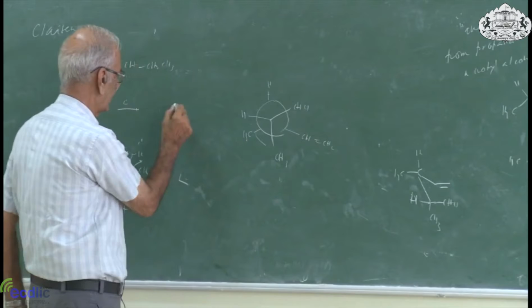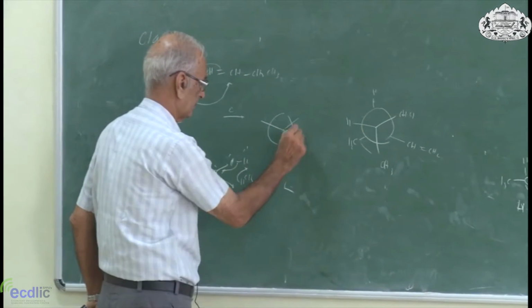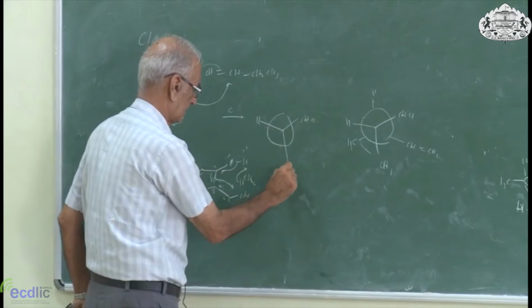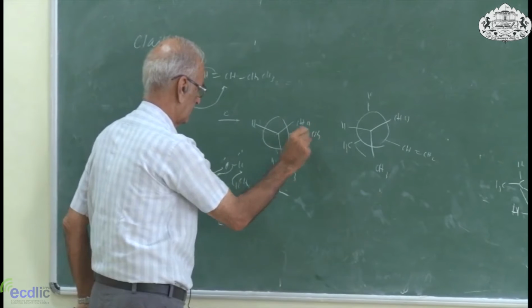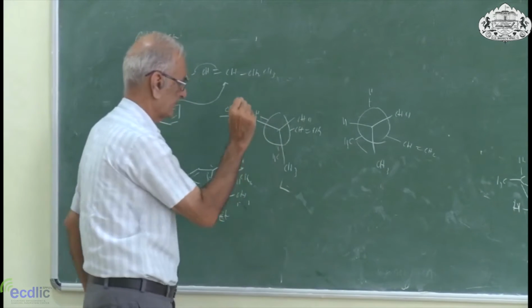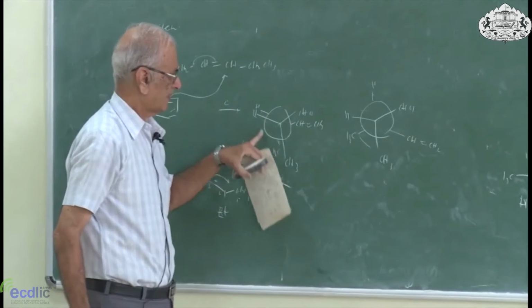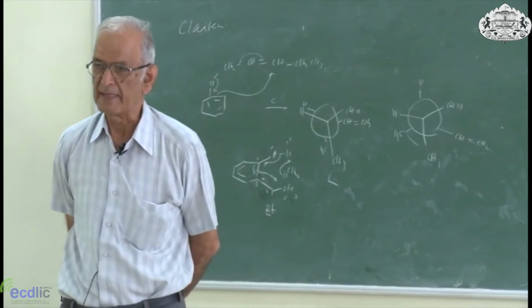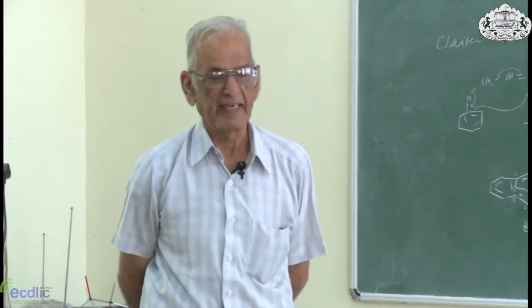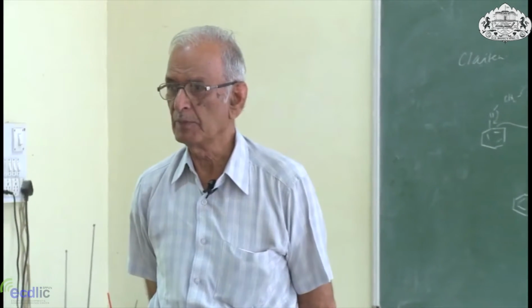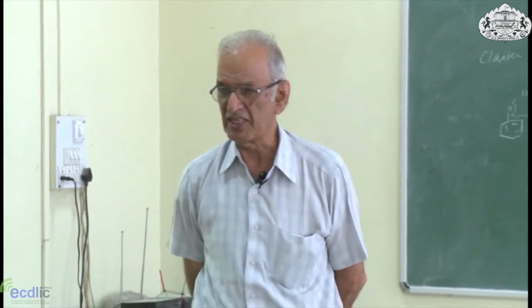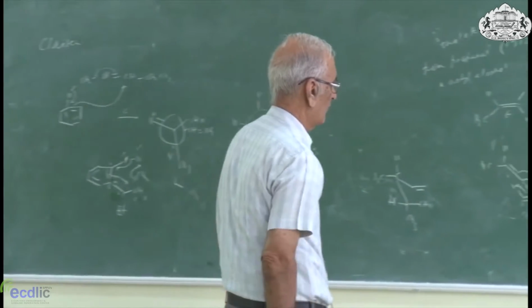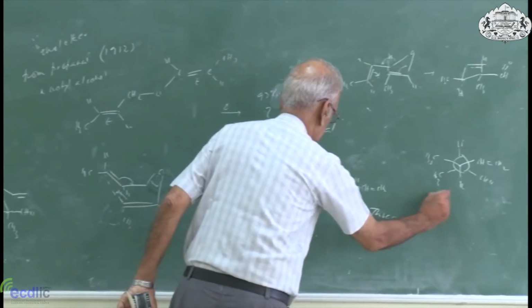Bring the methyl groups together. Methyl group here, vinyl group here, hydrogen here. Similar groups are now on the same side. So, your erythro product is coming from boat transition state. Your threo product is coming from the chair transition state. So, that is your A, that is your B.